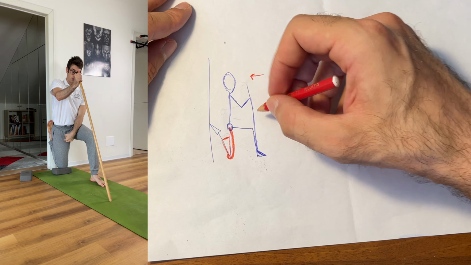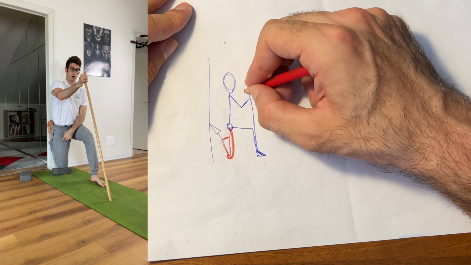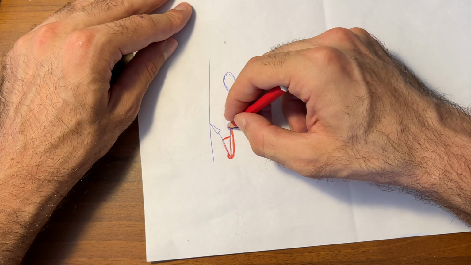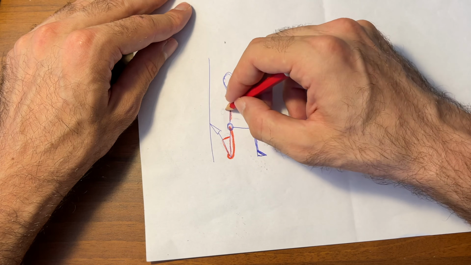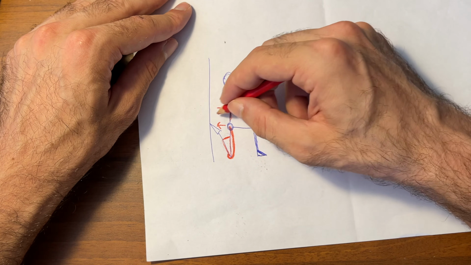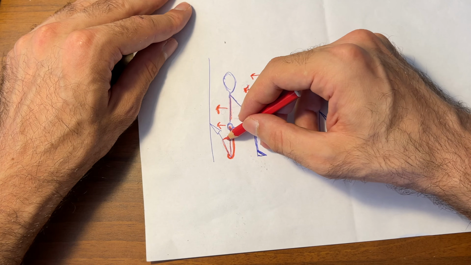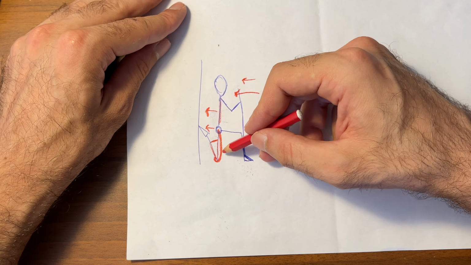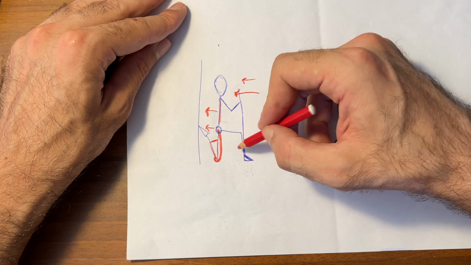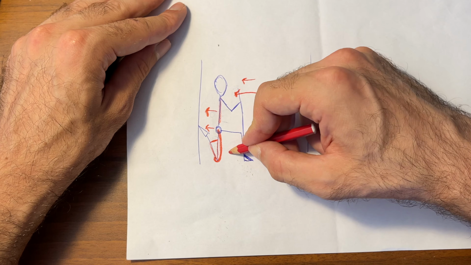This is why we want to push the body, the hips, and the trunk toward the wall, because in this way, this decreases this angle here and bends the knee more, allowing us to stretch the quad more.